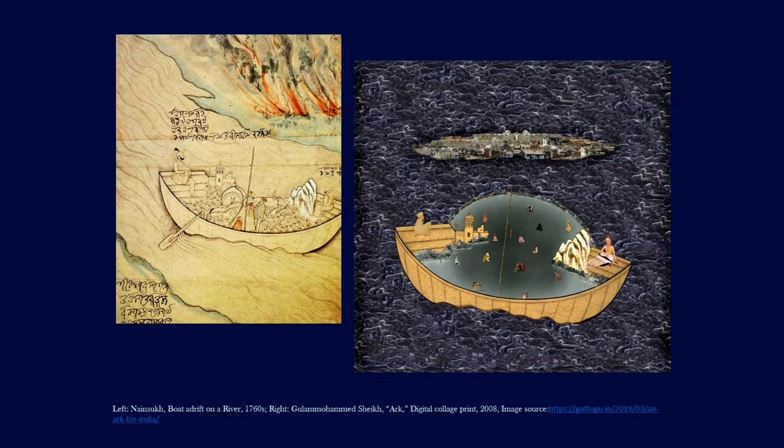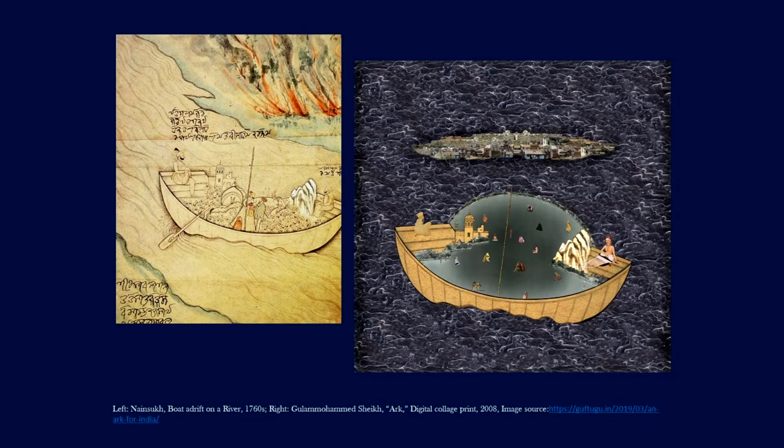This is another work by Gulam Sheikh, and in this one what we see is that this work had its reference from this particular boat, which was drawn by Nainsukh, this celebrated artist from Guler and then Kangra, and this image was done in the late 18th century.